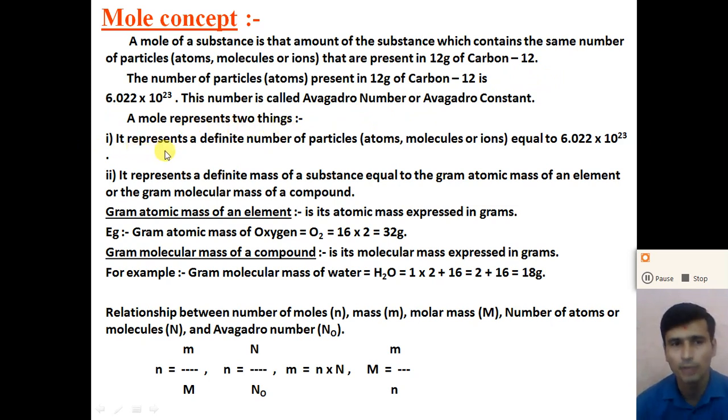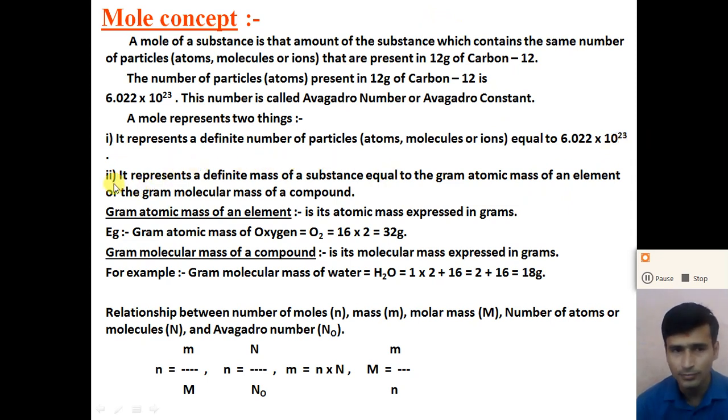First, a mole represents a definite number of particles, atoms, molecules or ions, and it is equal to 6.022 into 10 raised to 23. So if we take 1 mole of a substance, the number of particles in 1 mole of the substance is 6.022 into 10 raised to 23.